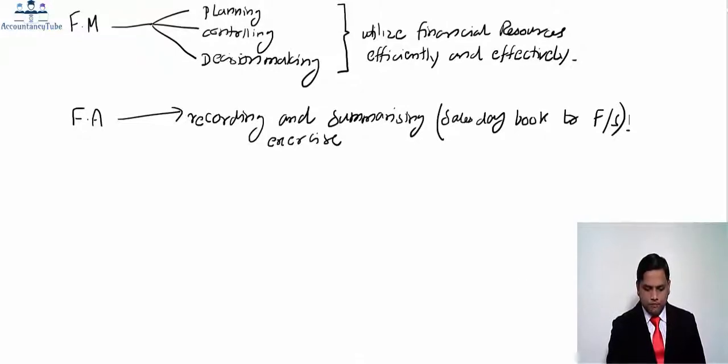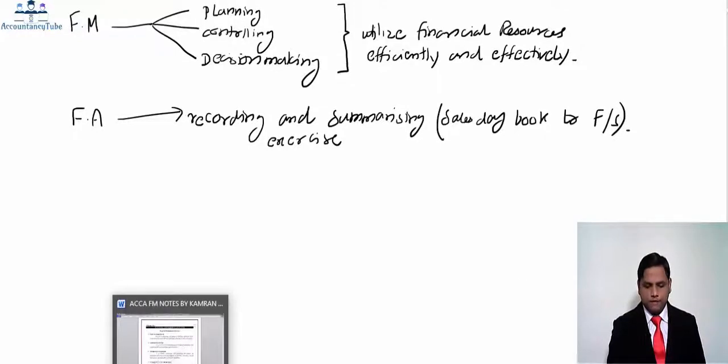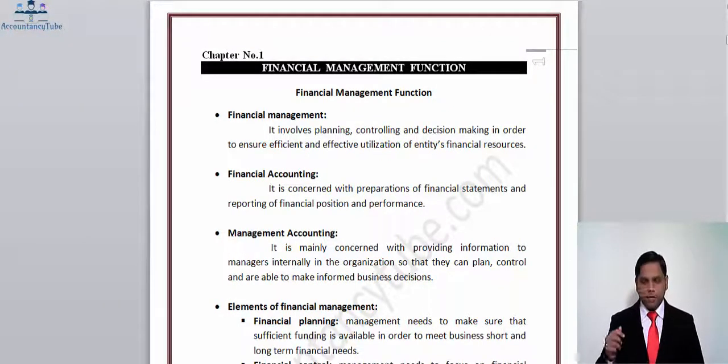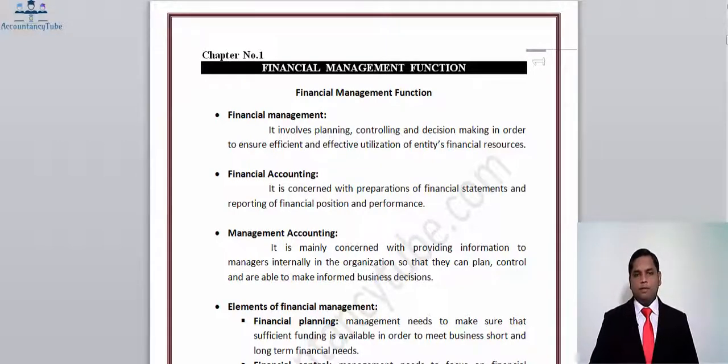Now let's come on towards the next definition, that is of management accounting. Now management accounting is mainly concerned with providing information to managers internally in the organization so that they can plan, control, and are able to take informed business decisions. The planning, controlling, decision-making part is the overlapping part with financial management. However, the scope of these two fields is quite different from each other.